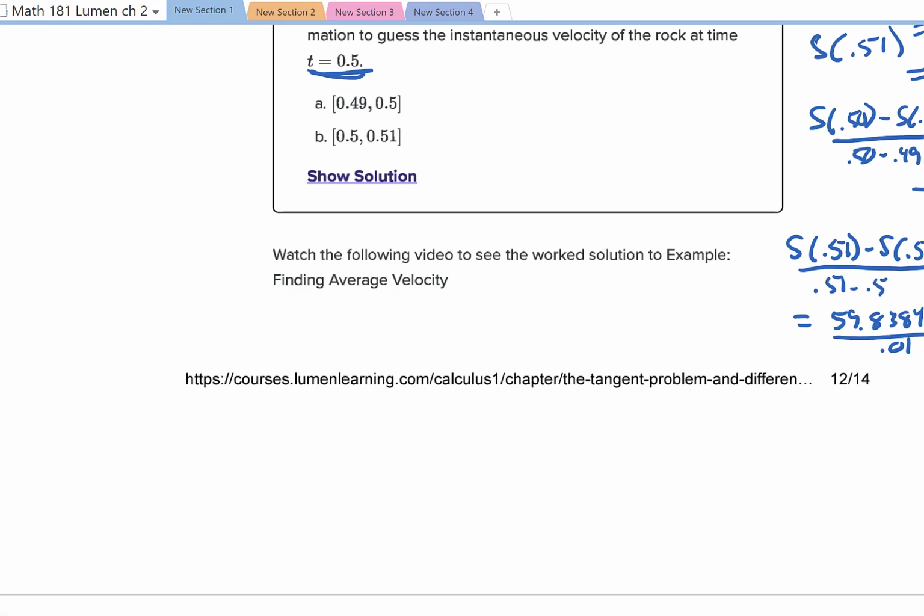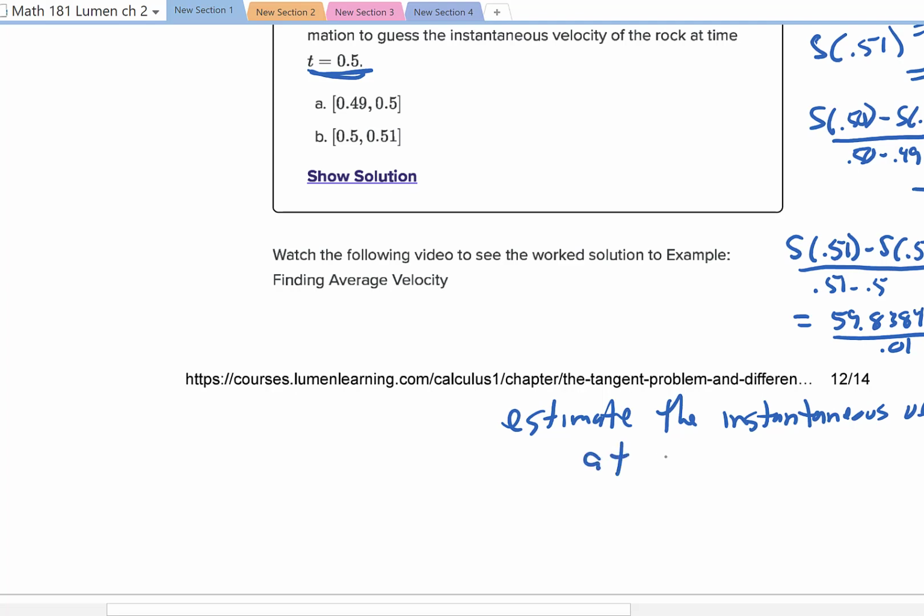So I think we can conclude that in between them, the point that it skips over, we can estimate the instantaneous velocity at time equals 0.5 seconds is negative 16.